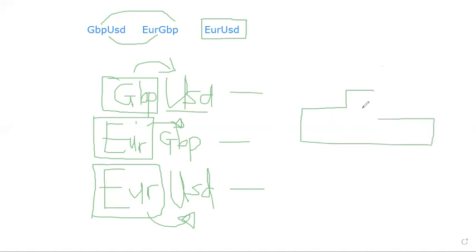So this is first, second, third. Amongst these 3 commodities, we have GBP, Euro, and USD. Which one do you think is going to take first position, based on this price correlation that we just talked about?